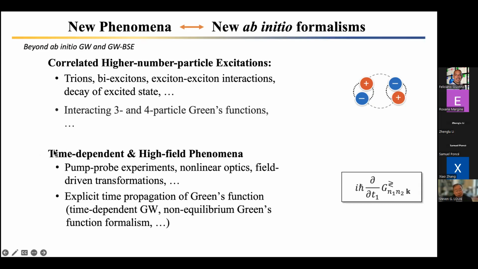If you're interested in looking at time-dependent and high-field phenomena, such as pump-probe experiments, nonlinear optics, and so on, then one needs to look at the explicit time dependence of the Green's function. For example, calculating the time-dependent Green's function within the GW approximation using a non-equilibrium Green's function approach.